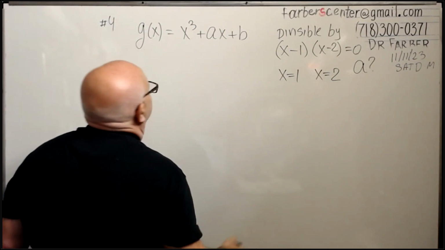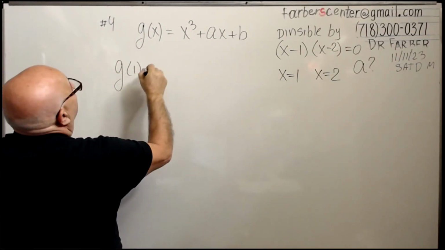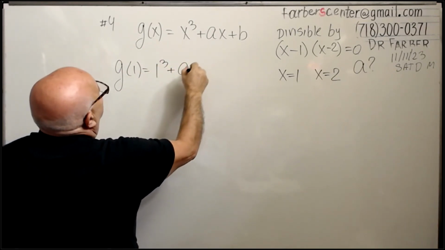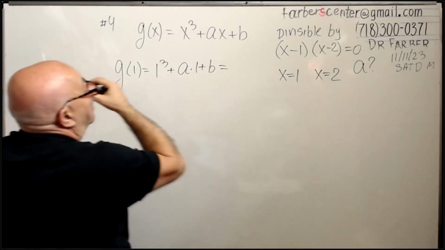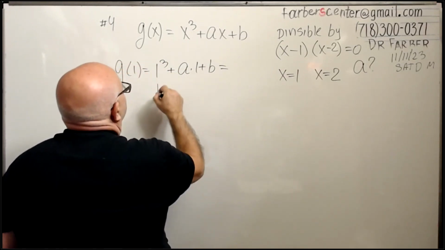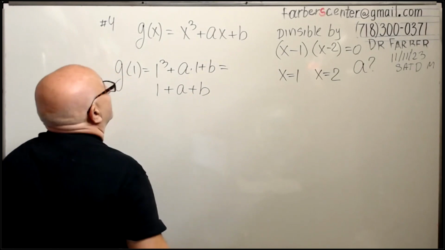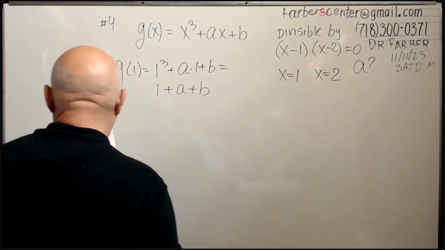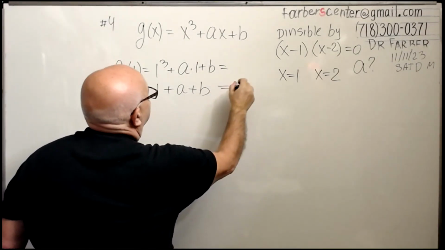So, like we did before, g of 1 equals 1 to the third plus a times 1 plus b, or 1 plus a plus b. And they said this is a factor, right? If divisible, it means remainder equals 0.